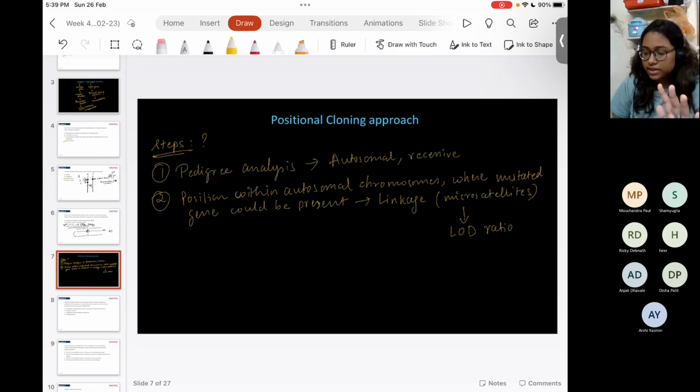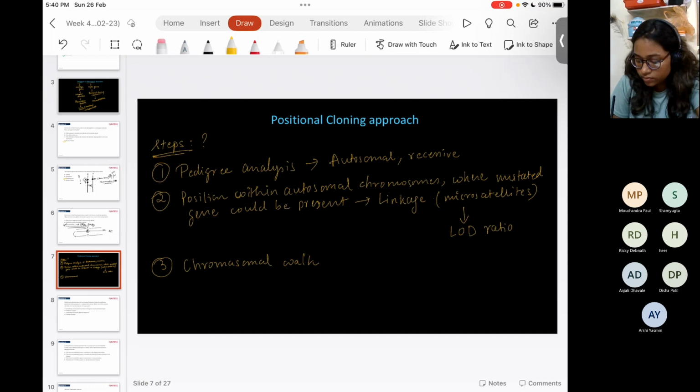Okay, this is your second step. Now the third step. What you will do is chromosomal walking, or physical mapping. This is the third step that you will do.